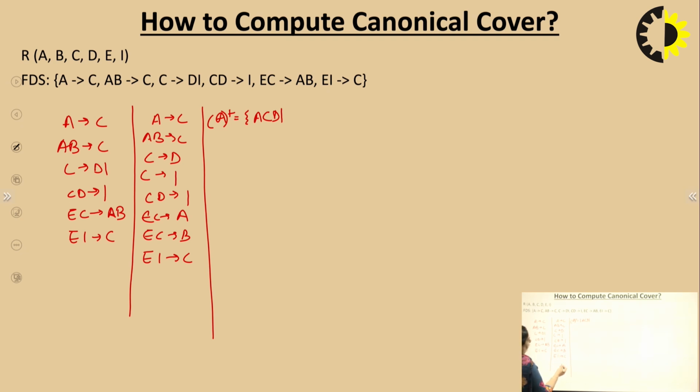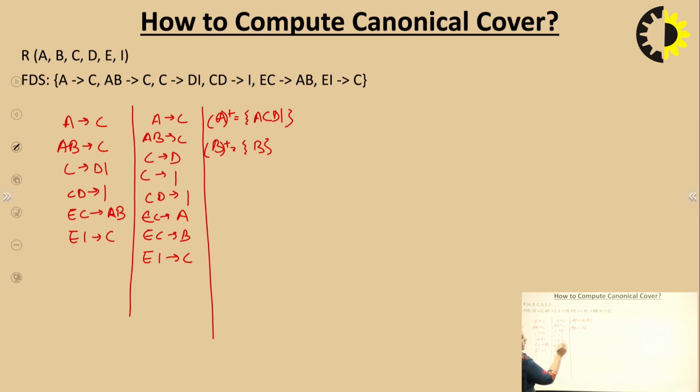EC, we do not have E here. We are unable to find. From B alone, what are we able to find? D, no, nothing we are able to find out. So we can't remove here. We can't decompose it. There is no extraneous attribute here.